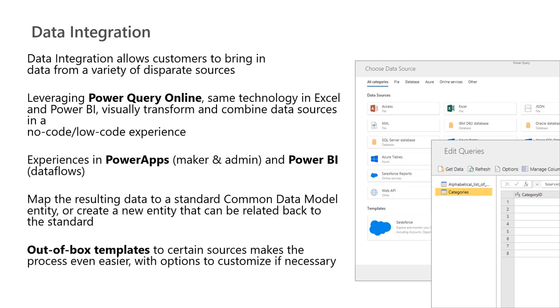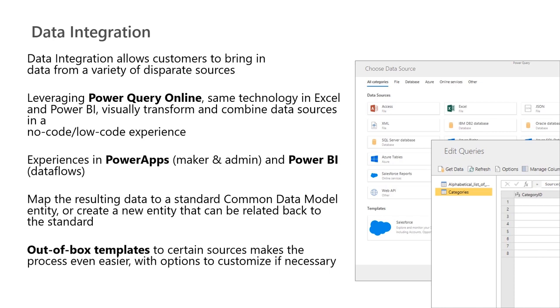Oftentimes, when you first adopt the Power Platform, you may have data that's in external systems that you want to bring into the Common Data Service. You can use the data integration capabilities of the platform to bring that data in or synchronize that data on an ongoing basis. The data integration capabilities leverage Power Query to do some of the mapping and transform of those data sources.